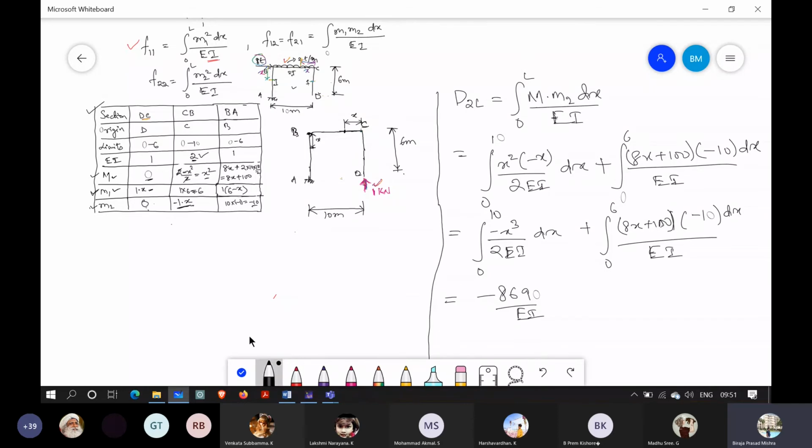So f11 equals to integration 0 to L m1 square dx divided by EI.